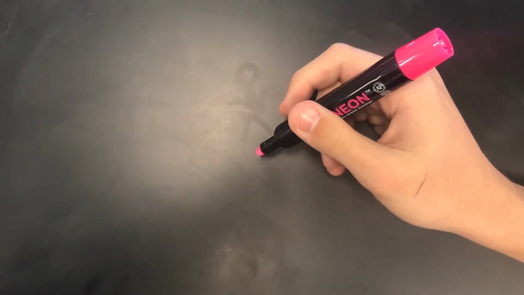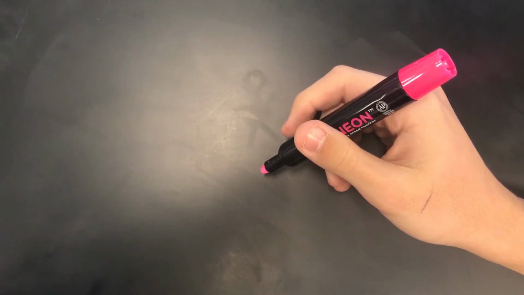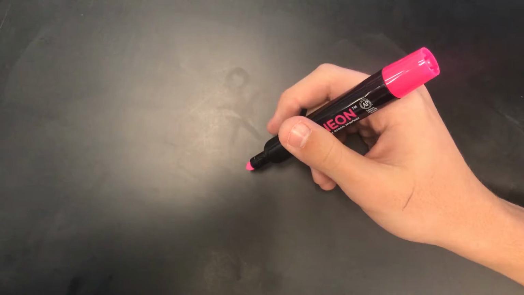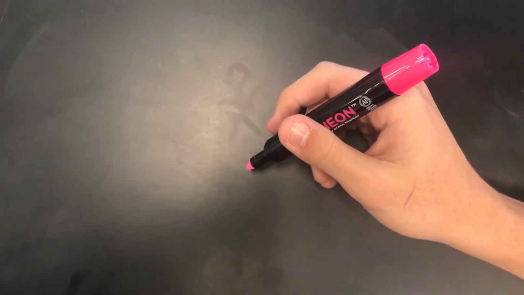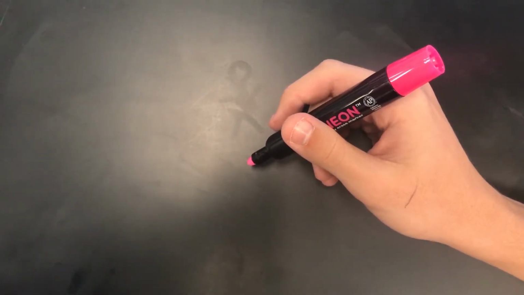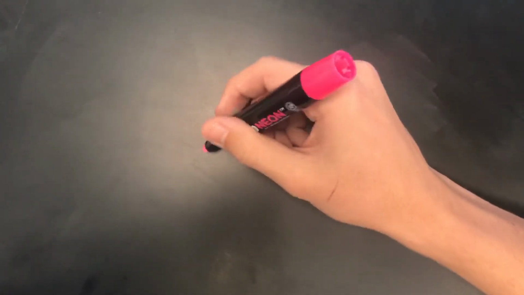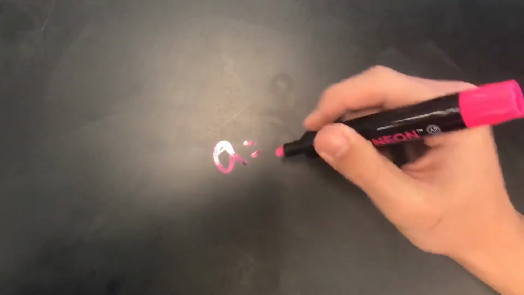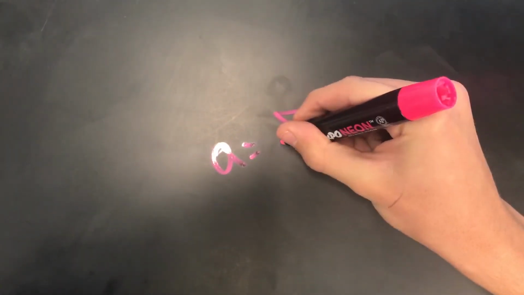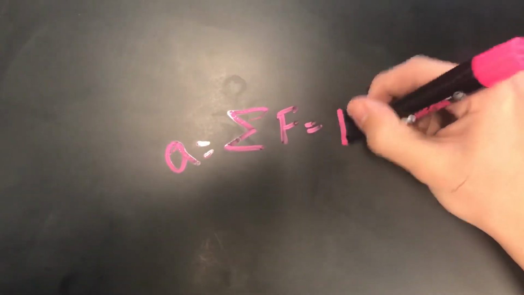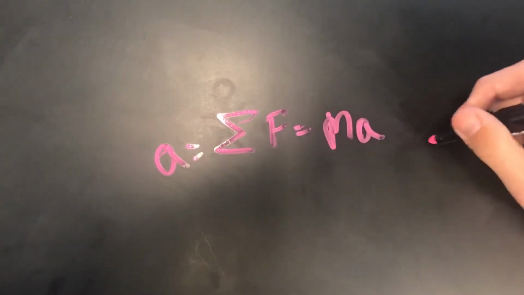Okay, so now the second law works a little bit different. If there's a net force exerted on an object, the object will have an acceleration and the object's velocity will change for a specific force. The acceleration of the object is directly proportional to the net force and inversely proportional to the mass of the object. The direction of the force is the same as the acceleration. So basically the equation for that would be net force equals mass times acceleration.